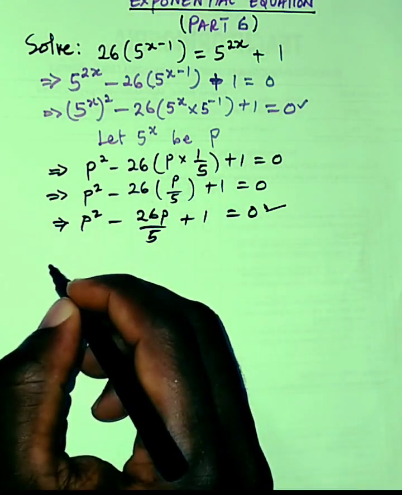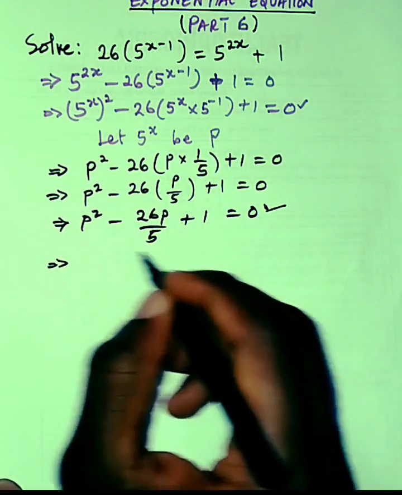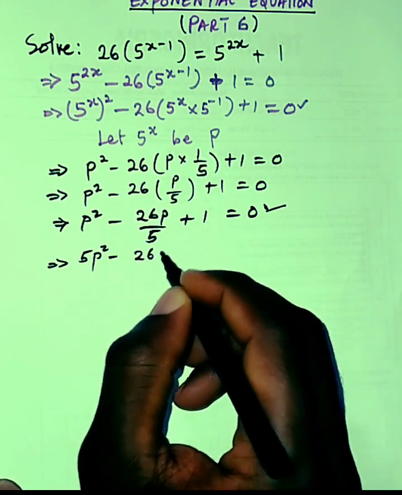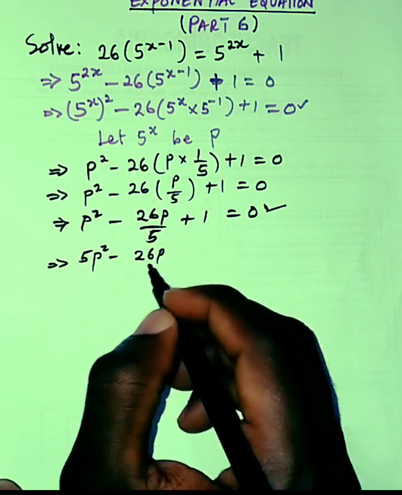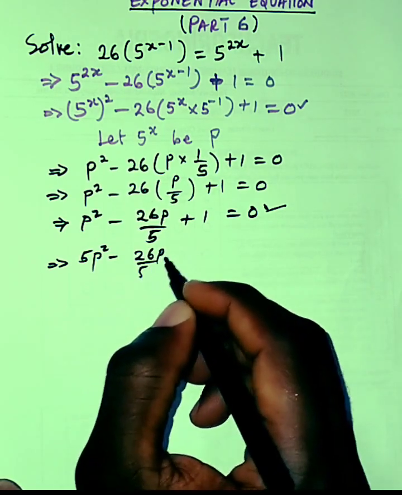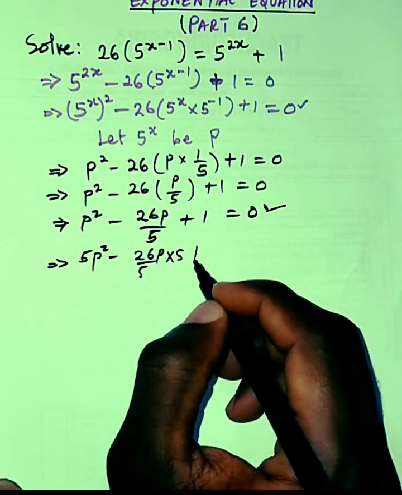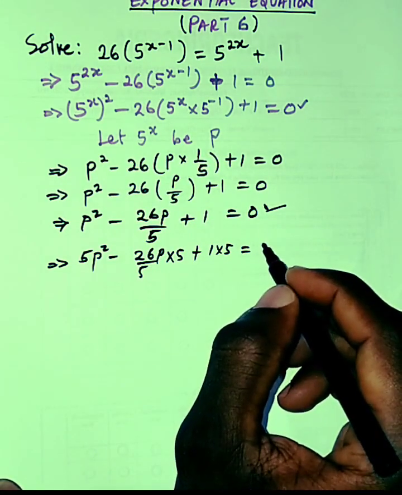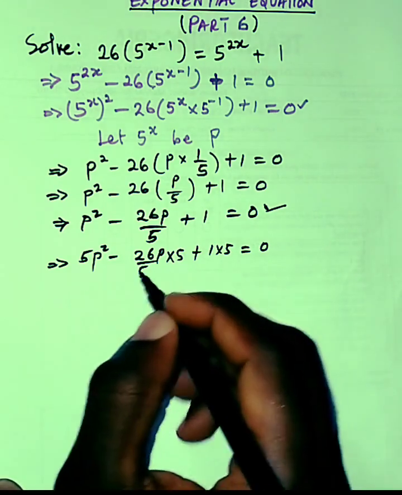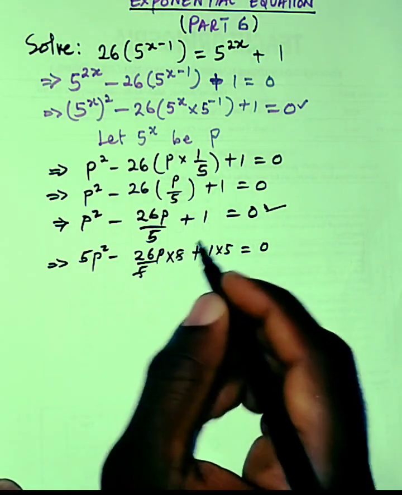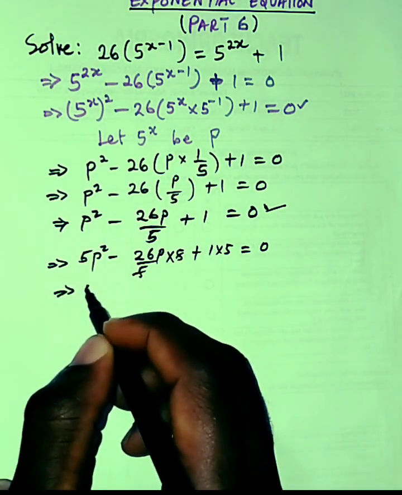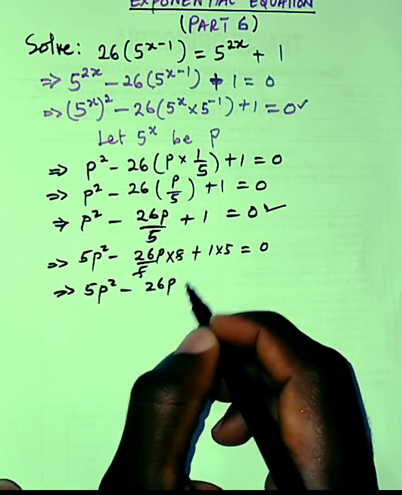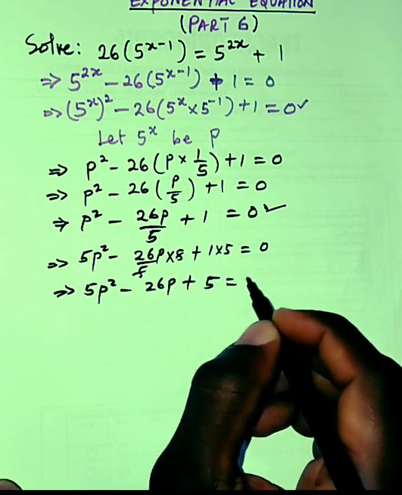So we have 5p squared minus 26p, 5 times 5, plus 1 times 5, equals 0 times 5, which gives us 0. From here, you can see that we cancel this 5 here. So we have 5p squared minus 26p plus 5 equals 0.